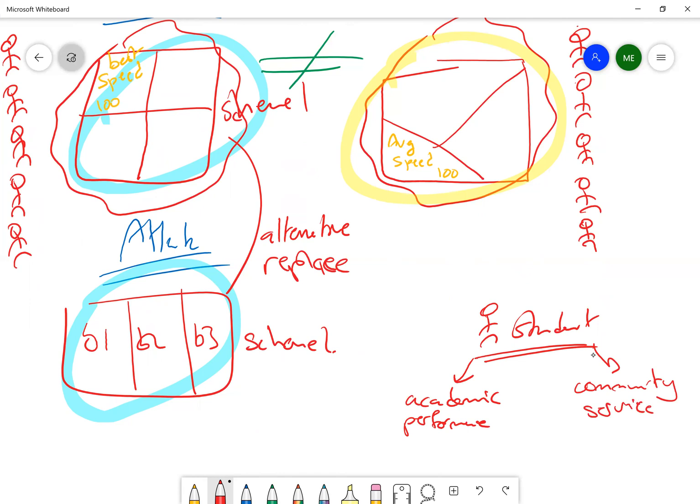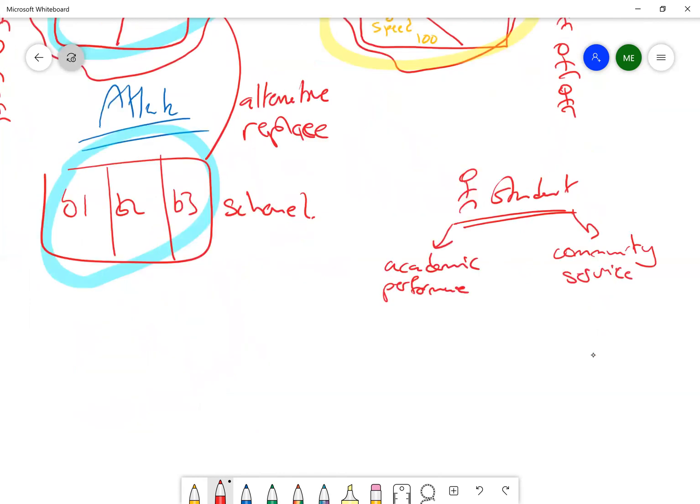In community service, things like what sort of clubs you're in, what sort of work you do to serve your community, and so on. And then obviously there's the academic performance, the more conventional characteristic of a student. Are you doing good? Your GPA is 3.5 or above, or you're not doing so good, and so on and so forth.